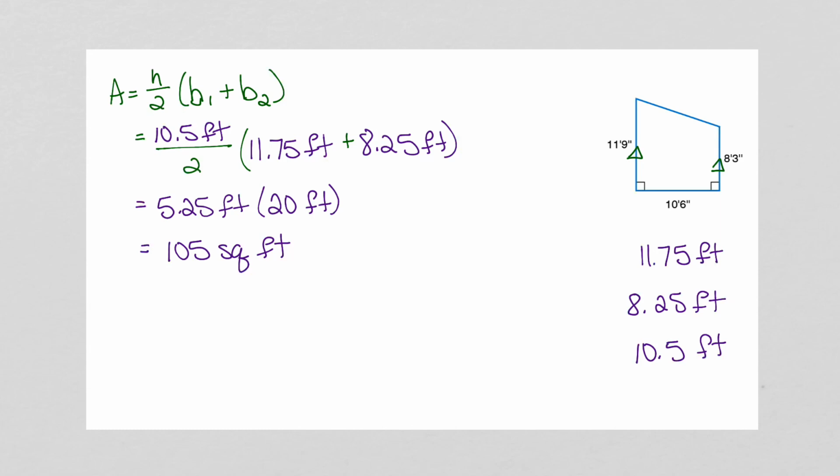There are 2 of these walls that they're having to cover. So first, we're going to multiply 105 by 2. And that's 210 square feet that we have to cover with this textured drywall.